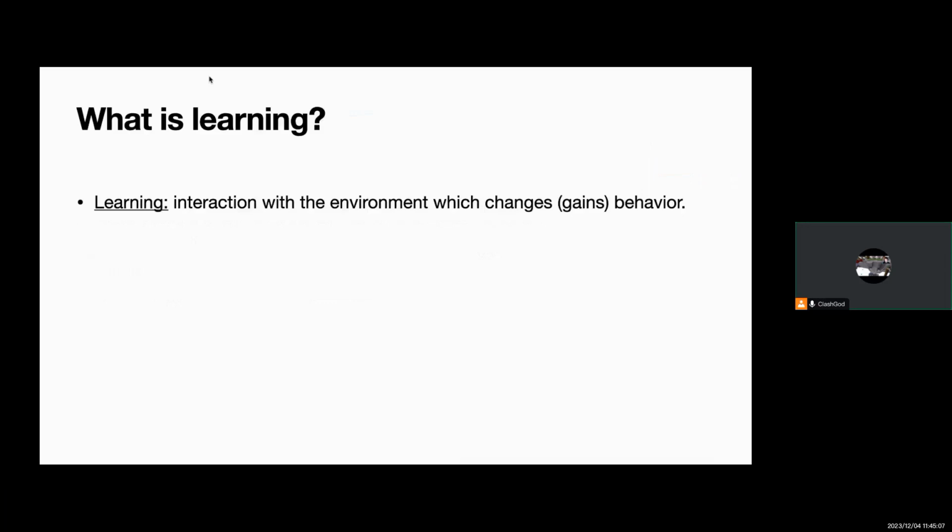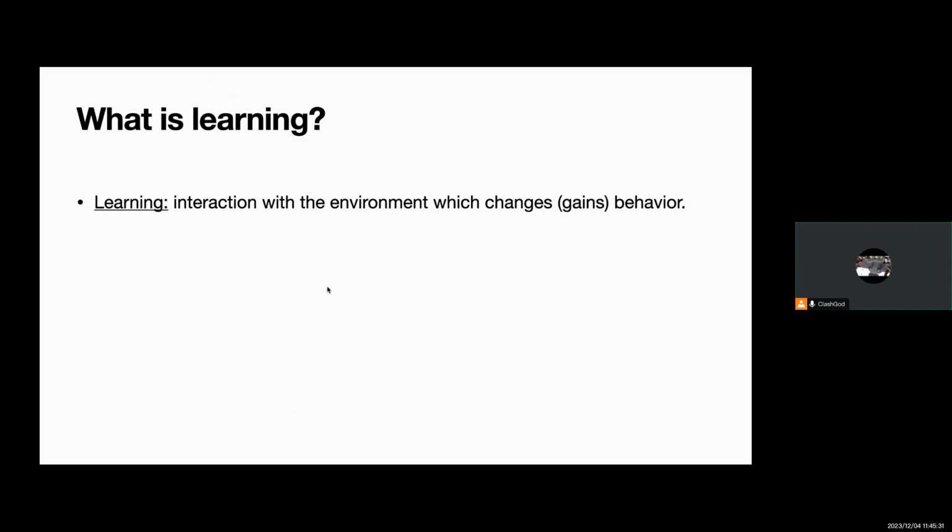This isn't important. You don't need to know this definition for the test, but I just want to give you a brief overview of what is learning. Learning, by definition, is just an interaction with the environment which changes behavior. This might sound a little confusing, but just understand it this way.